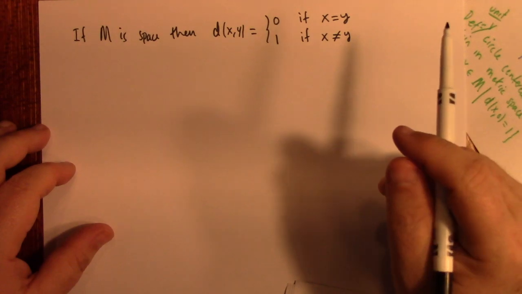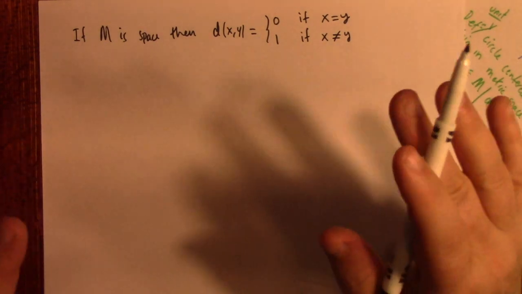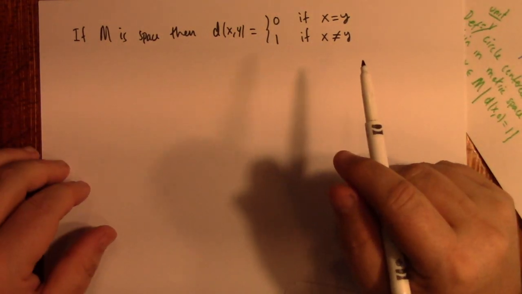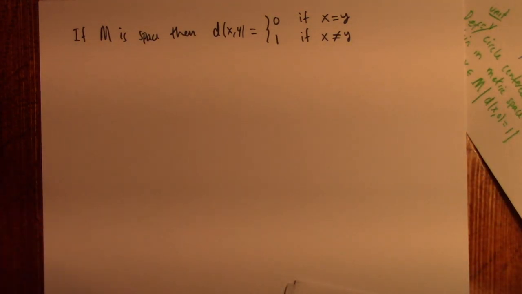But anyway, I'll try to make that into a problem at some point so you guys can appreciate the details there. But all right, enough about that. This is just an even weirder example. Enough weird examples. Let's get back to set theory.